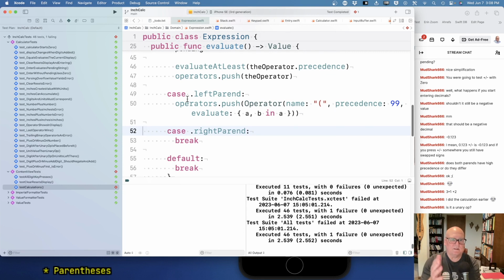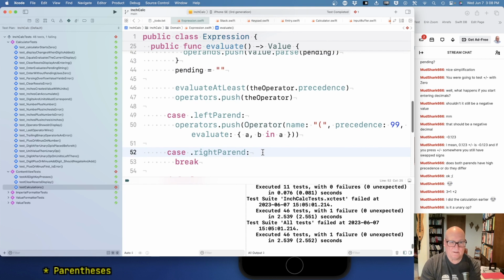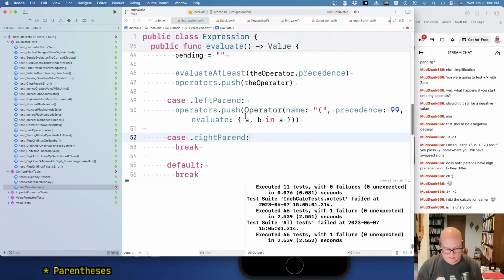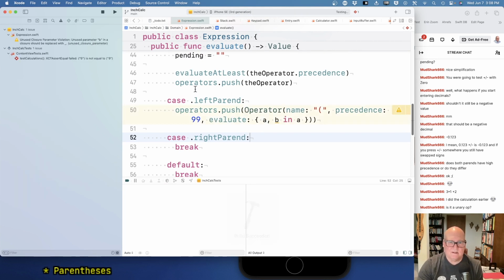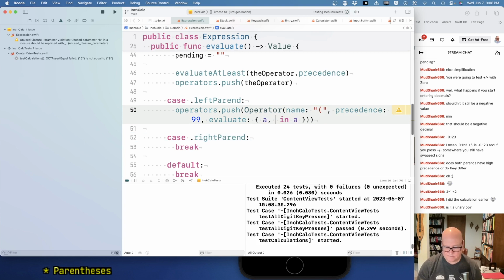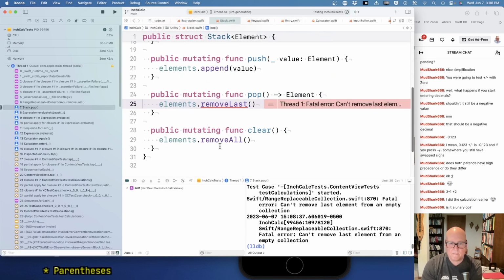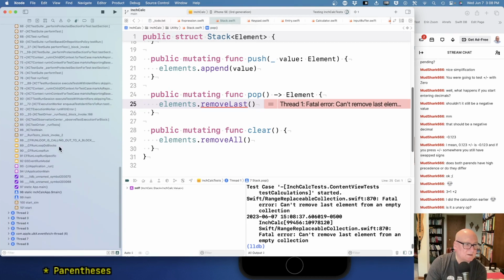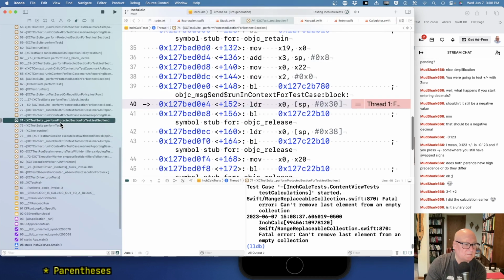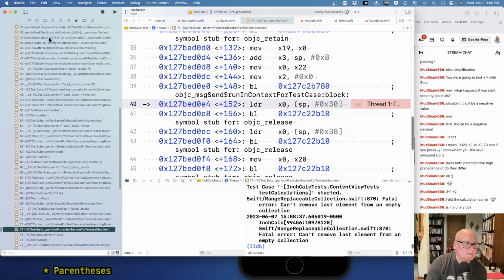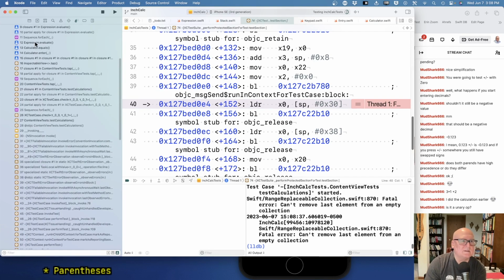So if you get a parenthesis, push it on the stack. All right. And then at the right paren, okay, let's just take this and see. It shouldn't work. I want to make sure it doesn't. I don't know what it'll be. Okay. Which test is this? Test. Is there a way to turn off system ones?